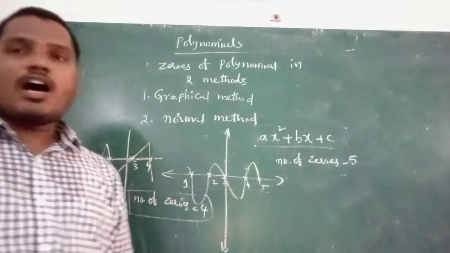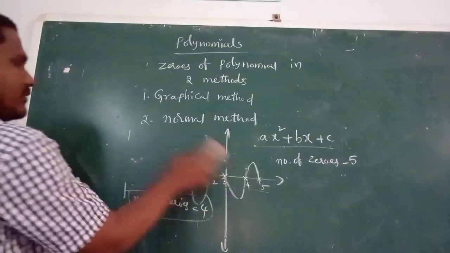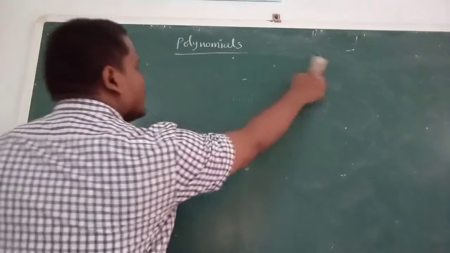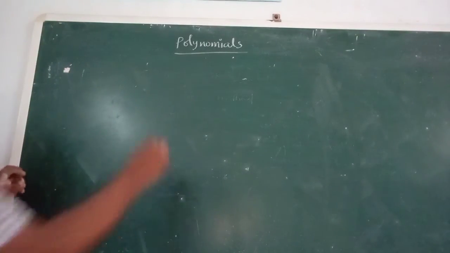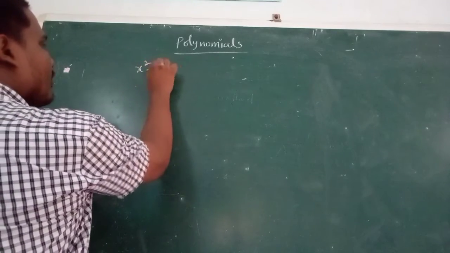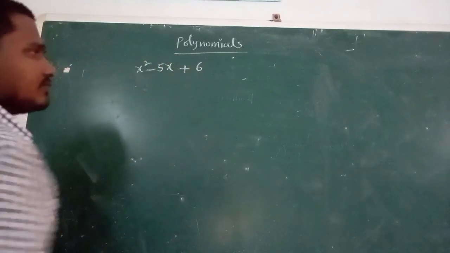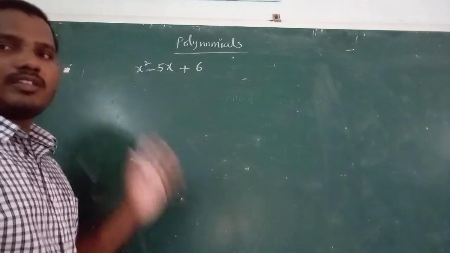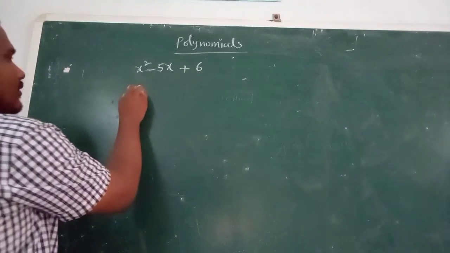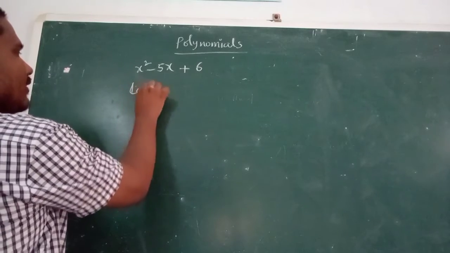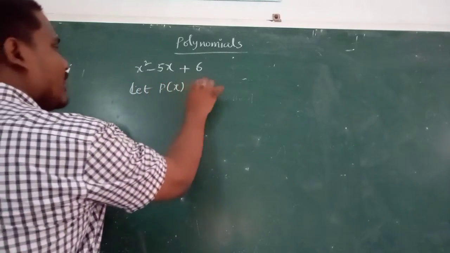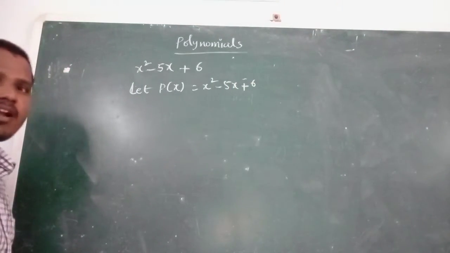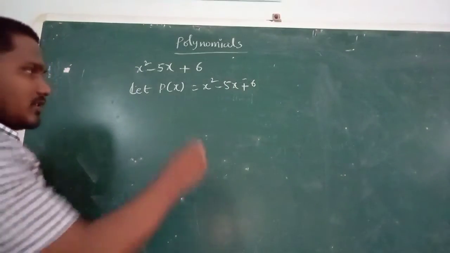Next, the normal method. Suppose we are taking x square minus 5x plus 6 and finding the zeros for this given polynomial. Let p of x is equal to x square minus 5x plus 6.